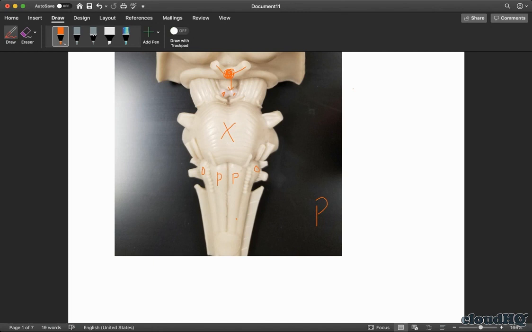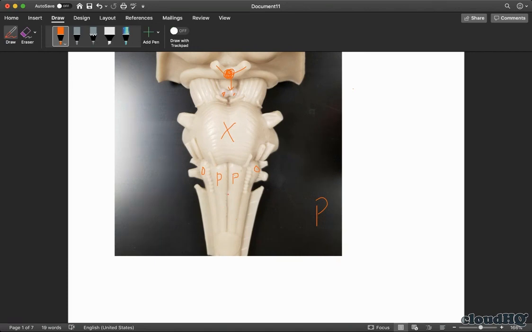I didn't name them. Okay, so optic chiasm, mammillary bodies. We have midbrain, pons. All of this is the medulla oblongata. We have an olive on the side and a pyramid in the medial portion.